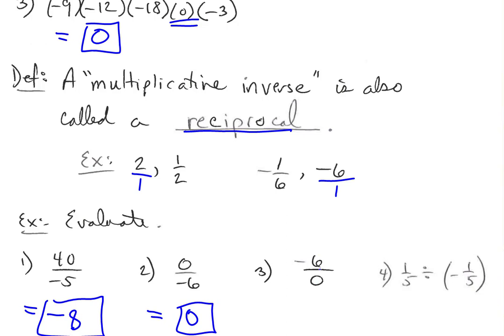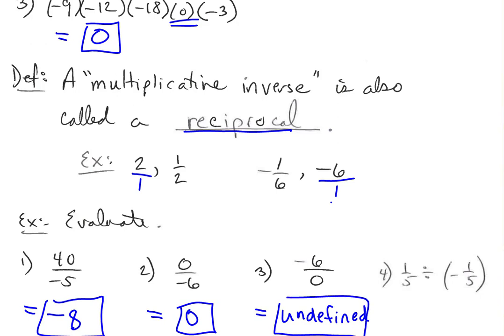In number 3, the 0 is on the bottom. You could say that those are reciprocals if you use that definition above. They're just flipped upside down. And furthermore, when you have 0 in the denominator, it's like trying to divide by 0, which actually doesn't make any mathematical sense. So we just say that this is undefined. We cannot divide by 0, and so we'll say undefined for the result of that one.